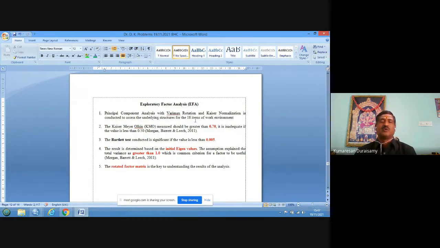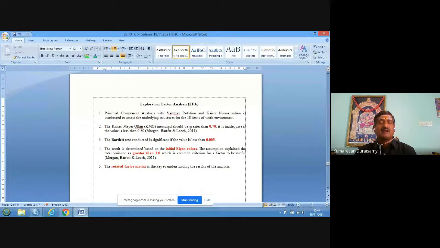Then KMO measure is ascertained. If it is greater than 0.7, it is adequate. If it is less than 0.5, it is inadequate. So it is better if it is greater than 0.7.